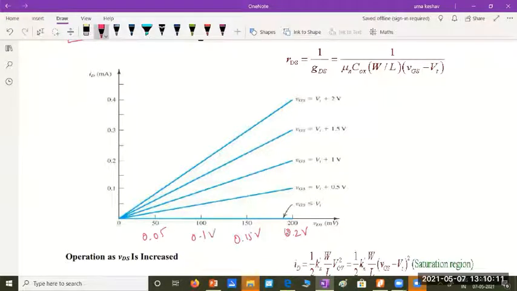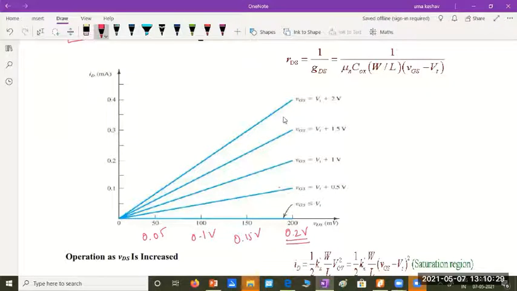So I am taking a drain source voltage to be very small, in the range of 100, 200 millivolts. The drain current increases with increase in the drain source voltage linearly, as you can see.